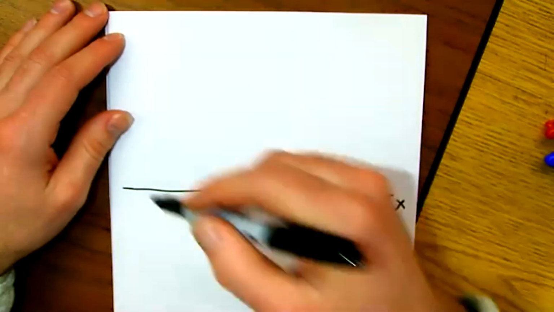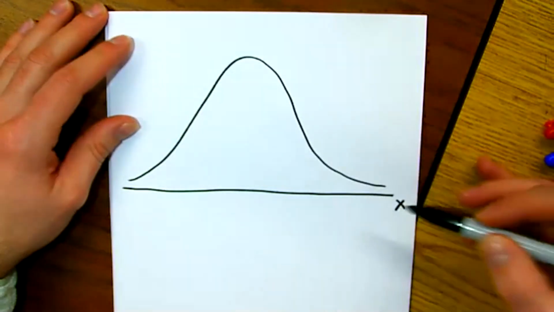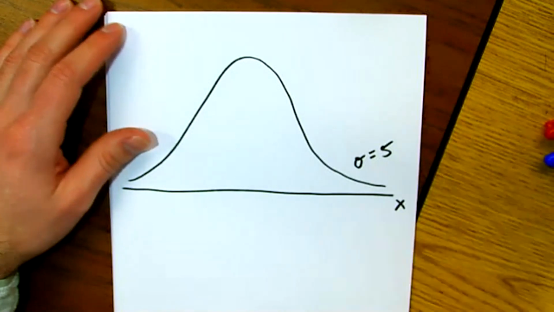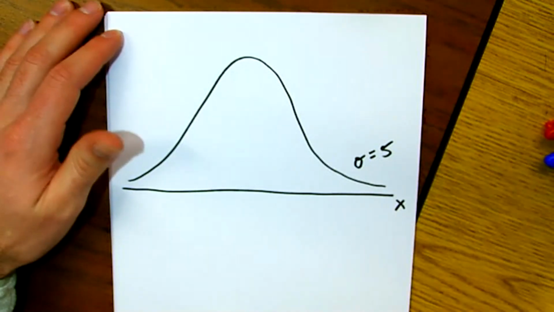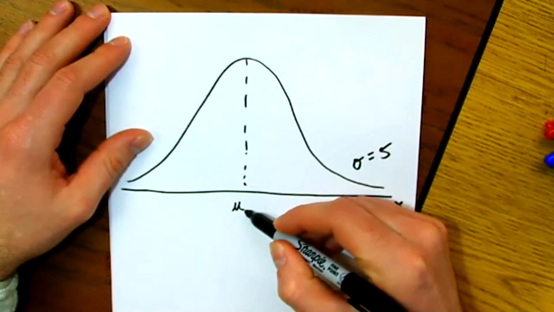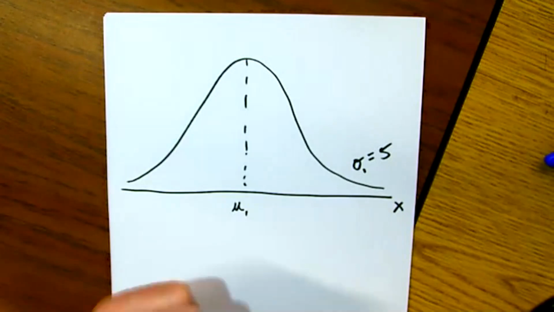Maybe for the first month we plot the distribution. It's this nice normal distribution, and it has a variance of, say, 5 inches of rainfall. It's got some mean. We'll call this distribution 1, month 1, whatever month we're looking at.